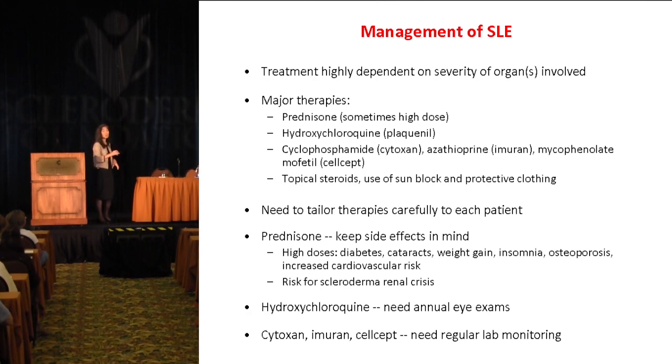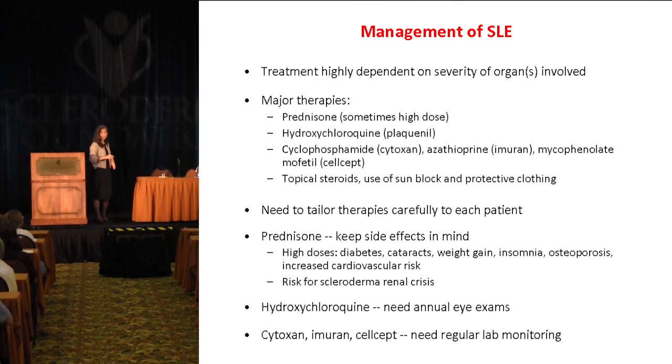And then, of course, for more severe, like bad renal disease, people will use Cytoxan, Imuran, Cellcept, topical steroids for the rashes, asking patients to stay out of the sun. Again, there's no rule of thumb here. Therapy needs to be tailored to each patient individually based on how severe their disease is.